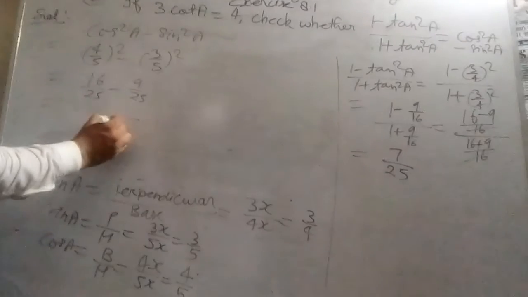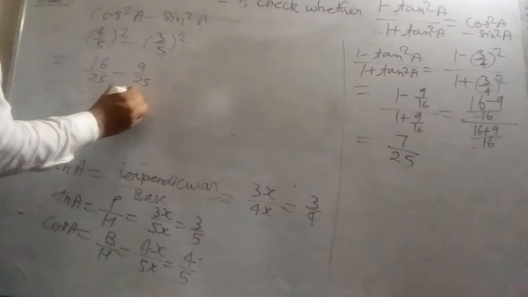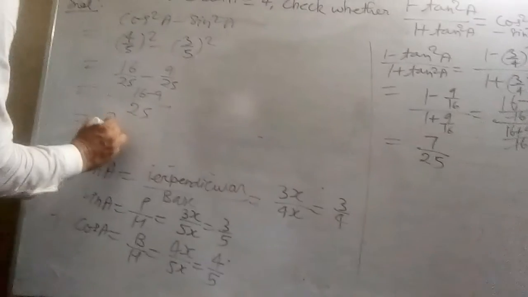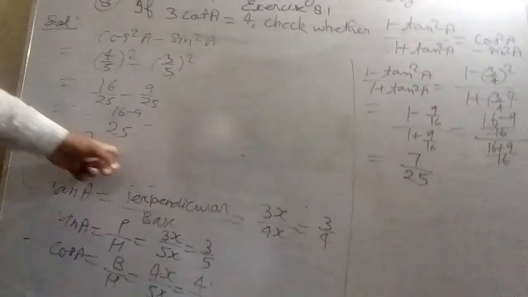Common denominator 25, 16 minus 9, it becomes 7 by 25. So both have same value.